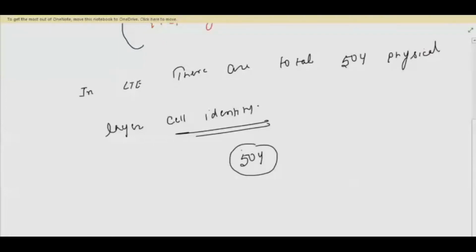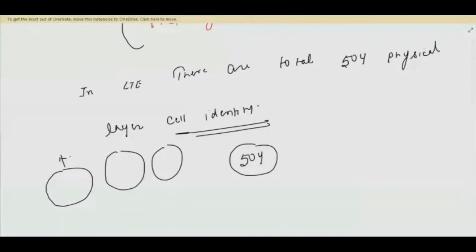If your mobile switches on in any cell, anywhere, compulsorily the mobile has to decode the physical layer cell ID of that particular cell. Once the mobile understands which physical layer cell ID it is synchronized to, only then will it read the system information in that particular cell. That cell ID can be in the range of 0 to 503, meaning 504 in total.